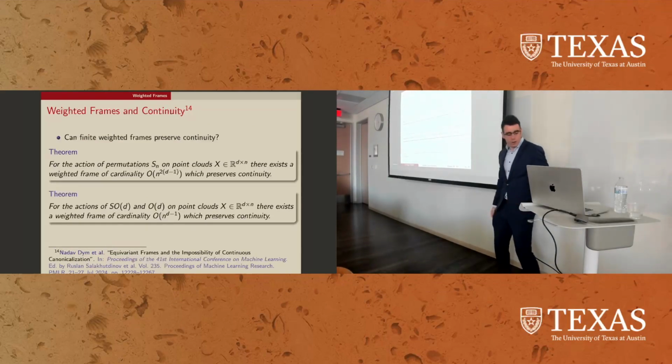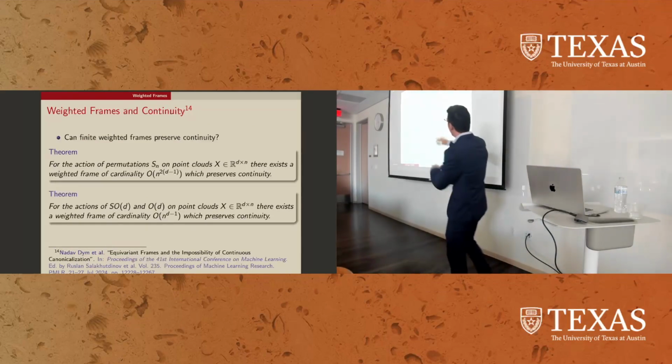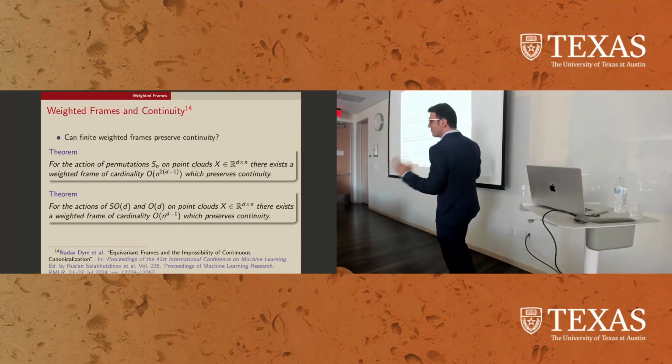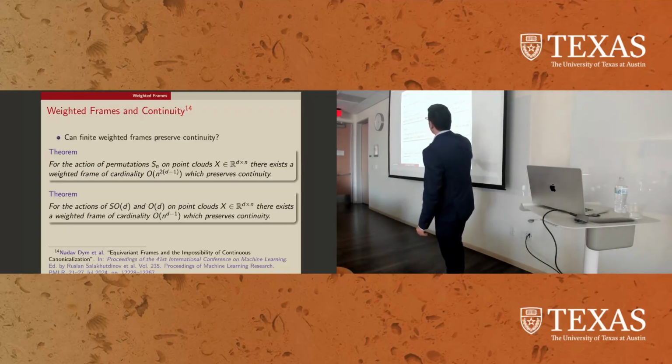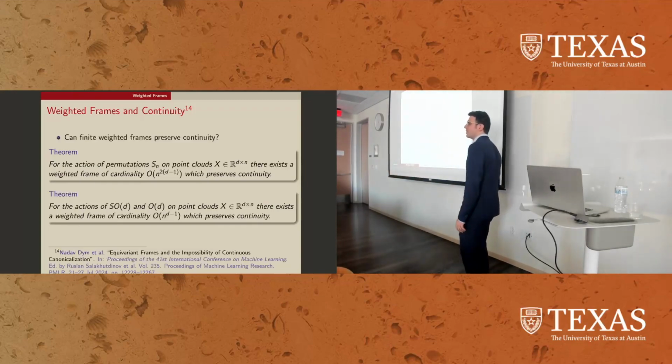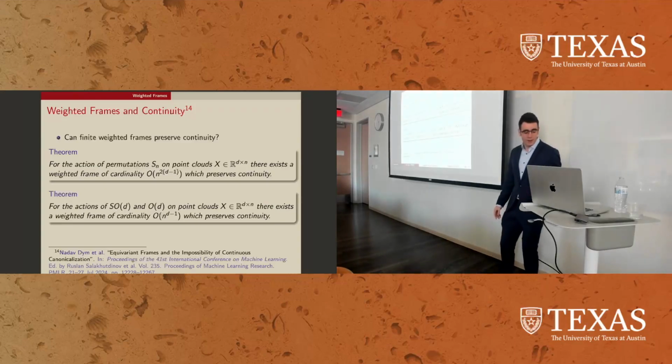And let me remark also that we do not know if these are the smallest weighted frames that can preserve continuity. The only lower bound we have is that in the case of permutations, it has to grow linearly in n. For rotations and orthogonal transformations, we only know it has to be bigger than 1. In other words, that no canonicalization exists. So perhaps there are even better things you can do here.